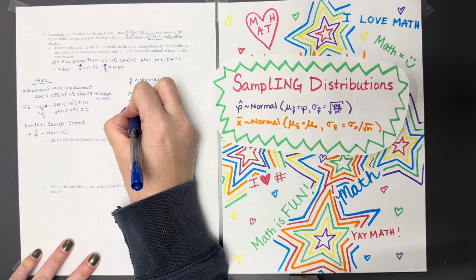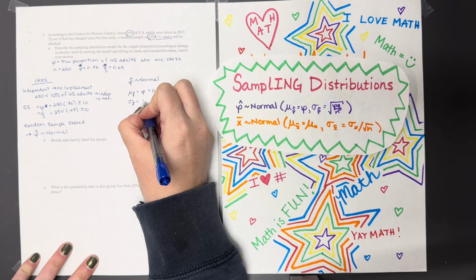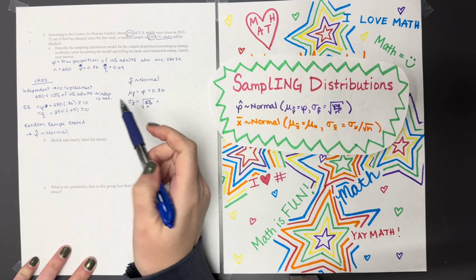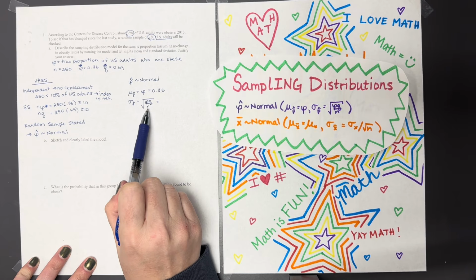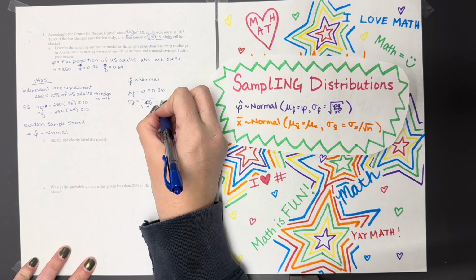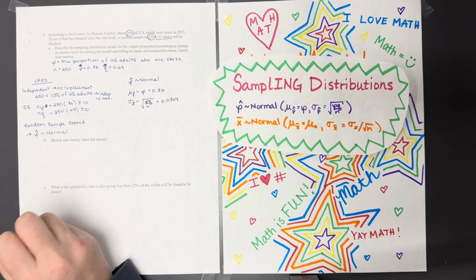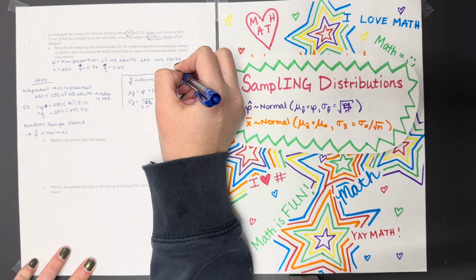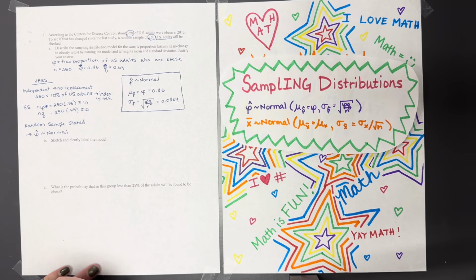And the standard deviation of the distribution is equal to the square root of pq over n. If I plug in these values, 0.36, 0.64, and 250, I get 0.0304. So this is my distribution for part A.